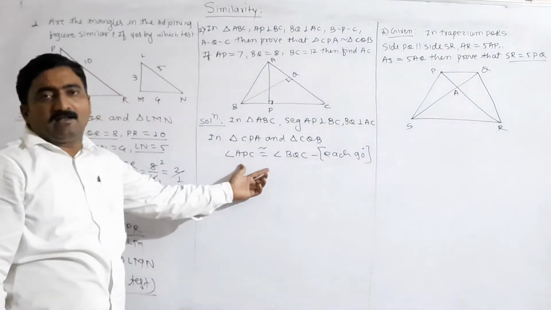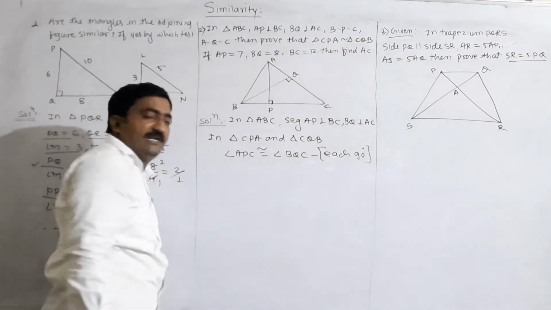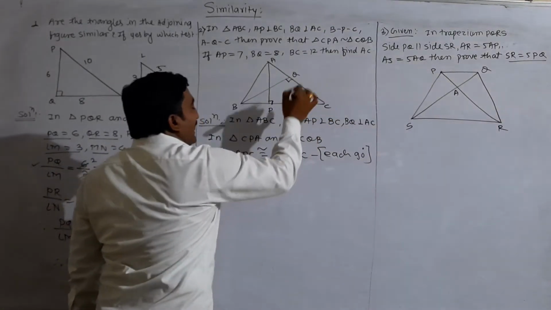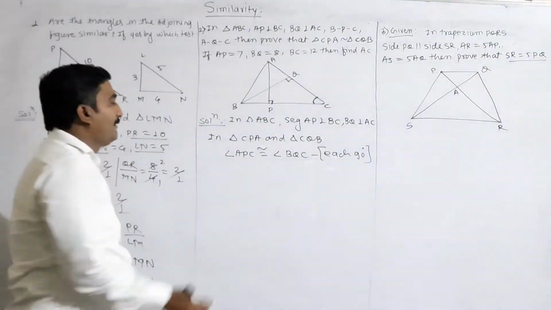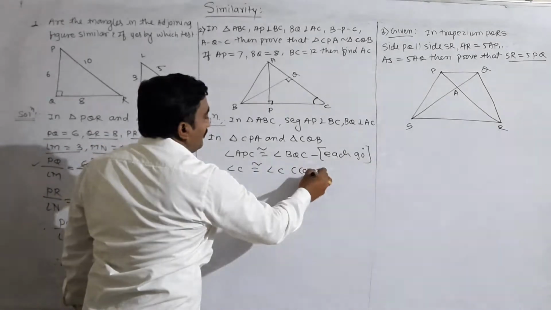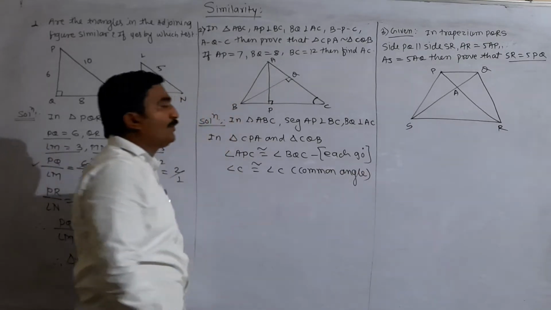These two angles are congruent because they are each 90 degrees. Then second, in both the triangles, angle C is common. Angle C is congruent to angle C. Common angle. You have to write the reason as common angle.